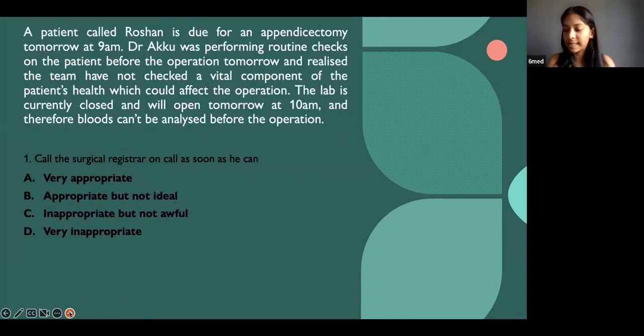Okay, so this is a different scenario. Again, 40 seconds for you to answer the question, starting from now. Just for people's reference, appendicectomy is removing the appendix, if anyone didn't know.